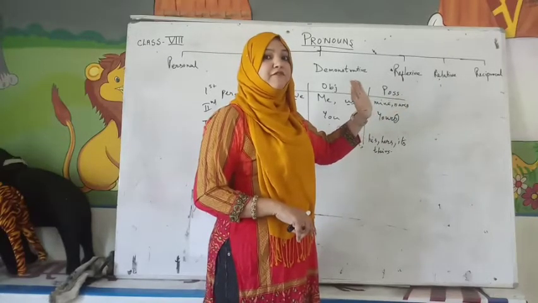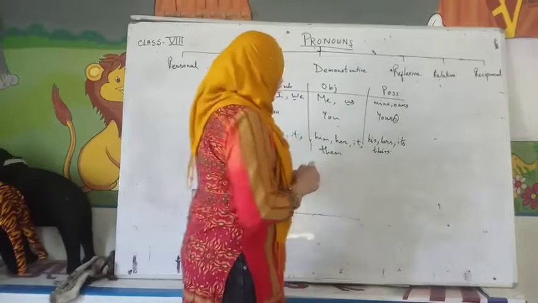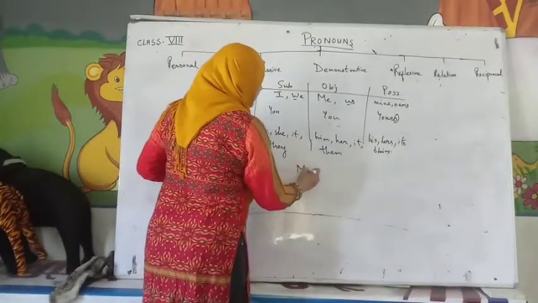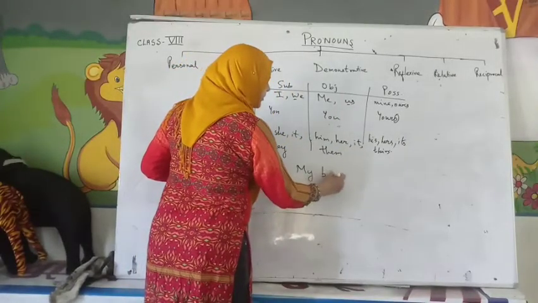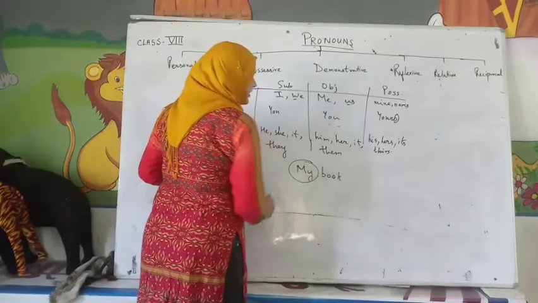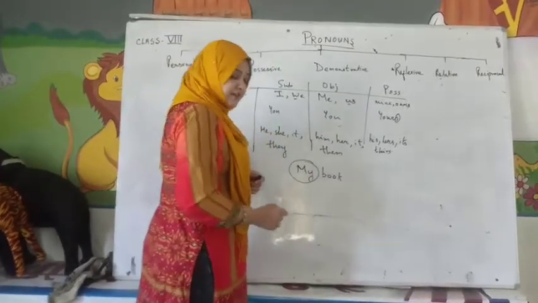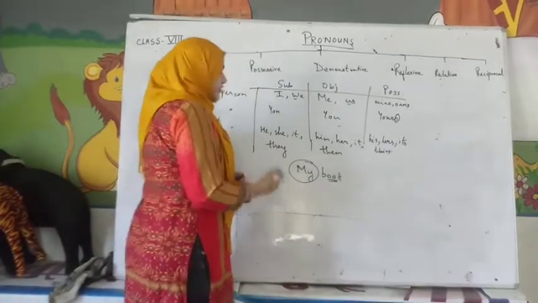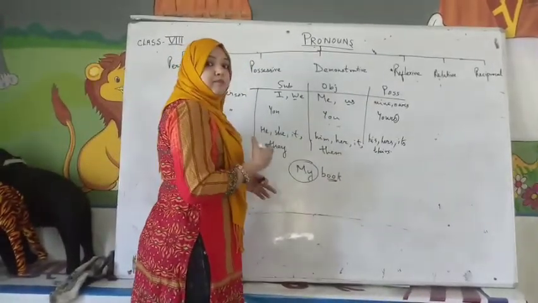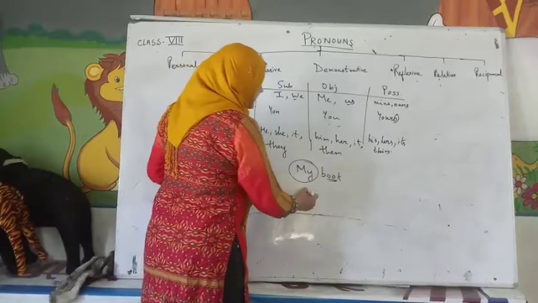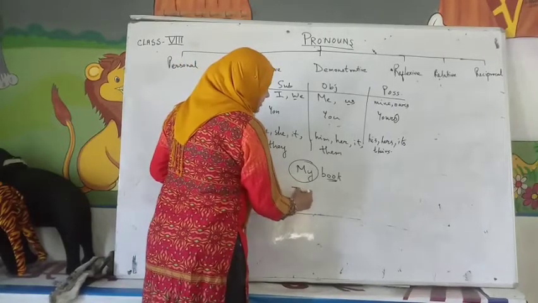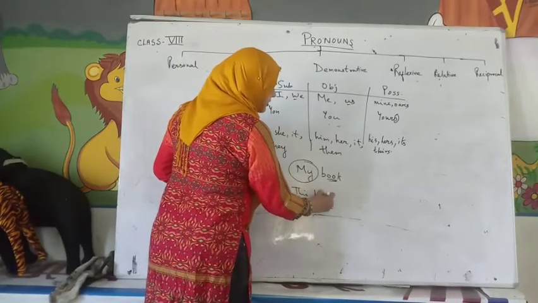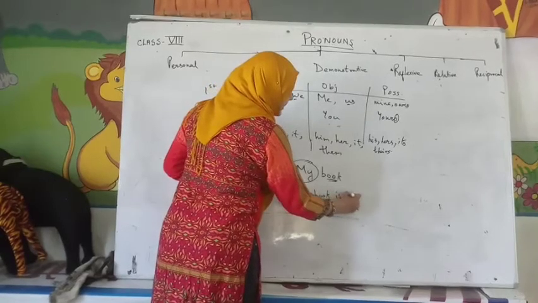Adjective comes always before noun, like my book. So here my is possessive adjective, noun से पहले आ रहा है, okay? And when you change into possessive pronoun, this book is, so it becomes this book is mine.